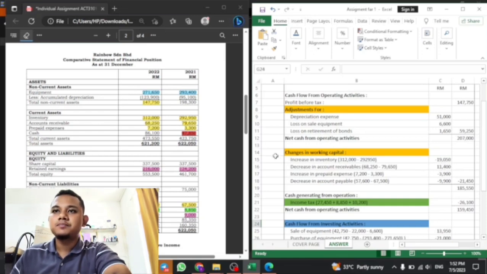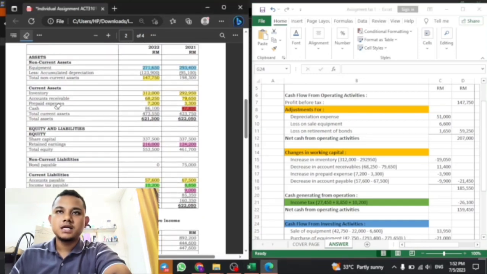Next, increase in prepaid expenses. This is prepaid expenses for the year 2022, RM7,200, for the year 2021 3,300, and I subtract these two amounts and I get RM3,900.